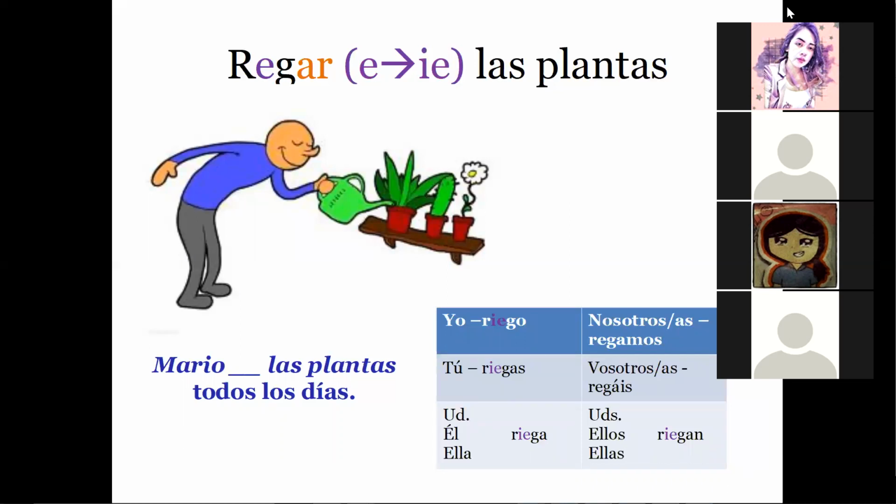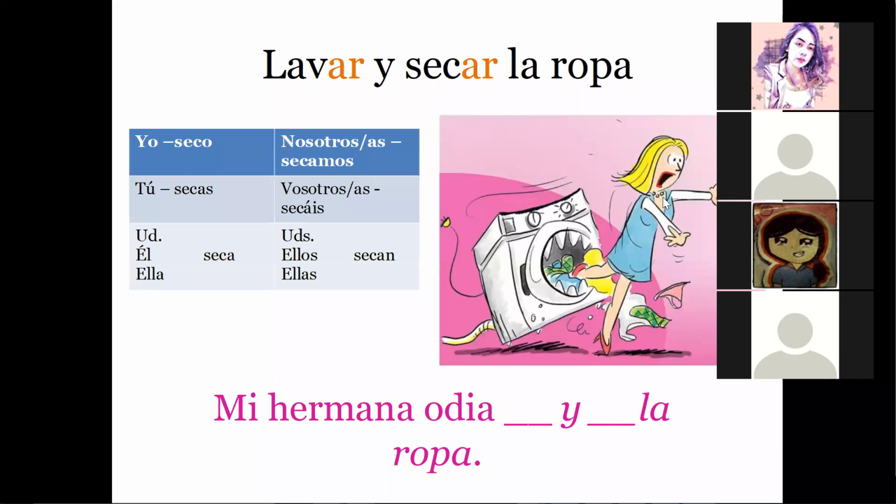Oh, some of you committed mistakes because I hid the table. The answer is riega. Okay, so riega. Oh yeah, yeah, I misread the answer. Mario riega las plantas. Muy bien. Okay. Next one we have.